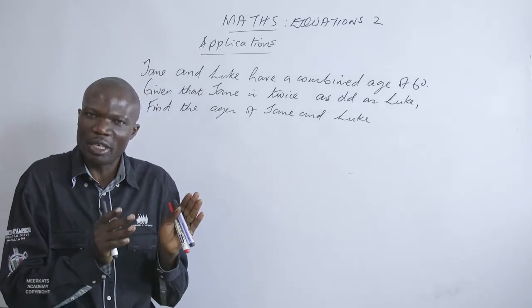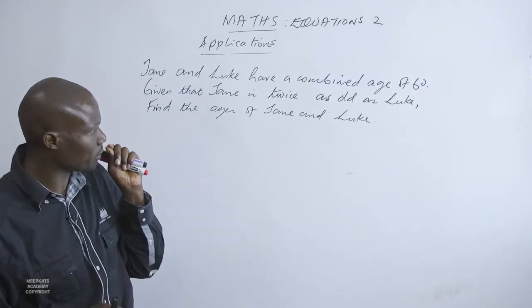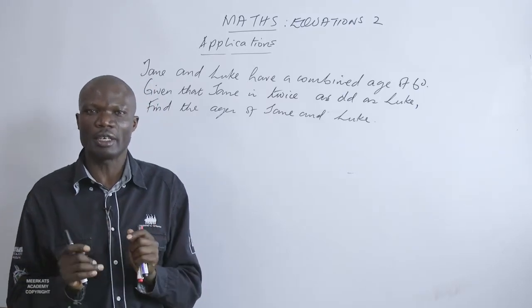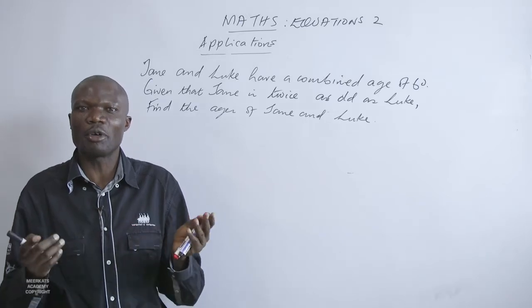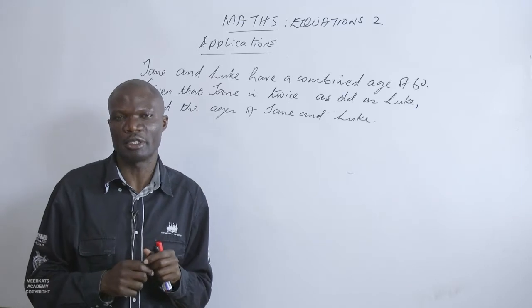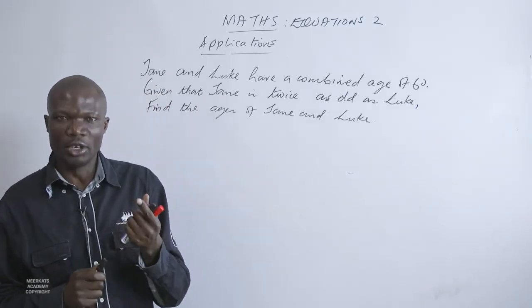And the relationship here is that Jane is twice as old as Luke, which means that one person is younger. For the one who is younger, we shall assign the pronumeral. And who is younger in this situation? You'll find that Luke is younger.